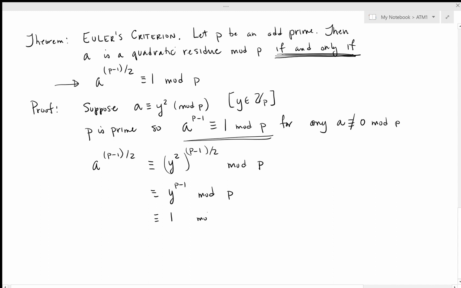Why is that? Okay, well, it's because P is prime, and the order of y divides P minus 1, so y to the P minus 1 is 1 for all nonzero y in Z_P. What you want to recall here is the order of an element in a group.